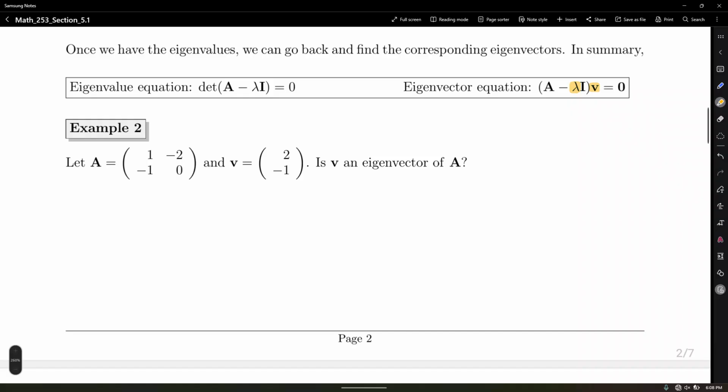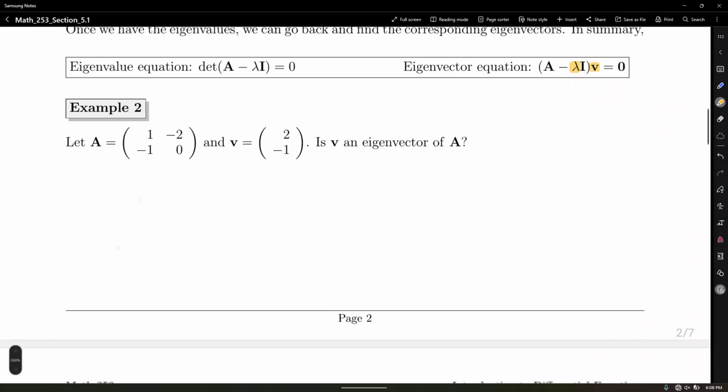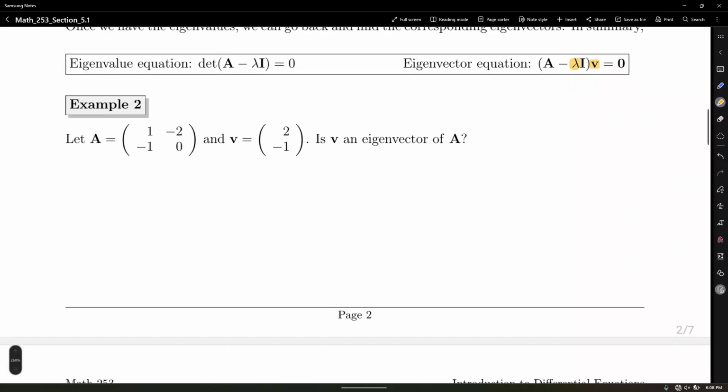Well, let's put this into the eigenvalue equation, the initial equation. In other words, we want to show whether these two satisfy the following condition, that is, Av equals lambda v.